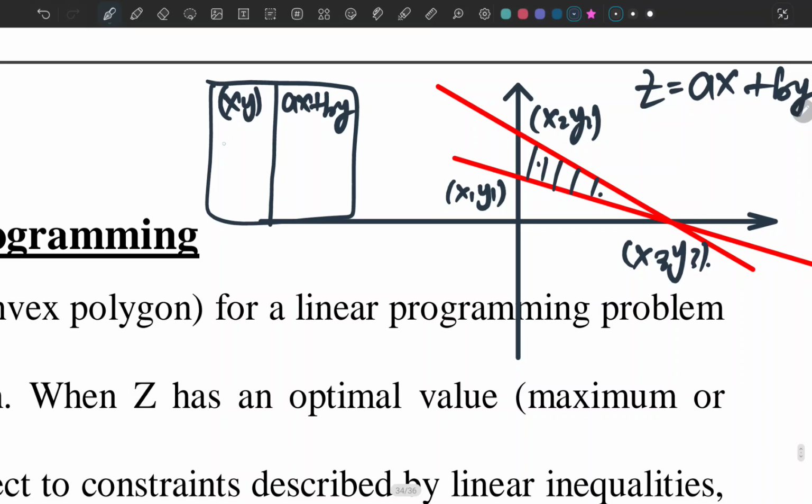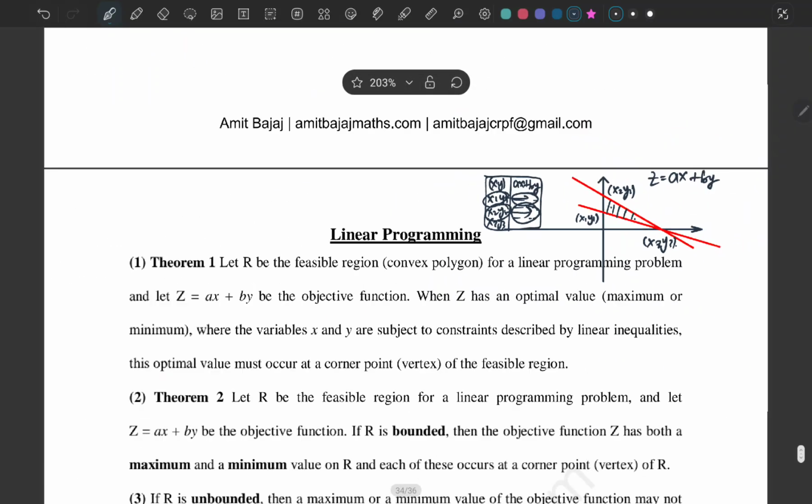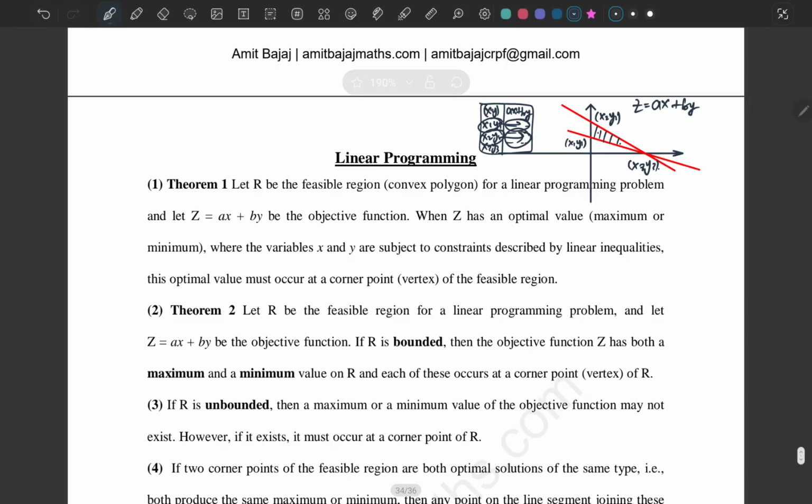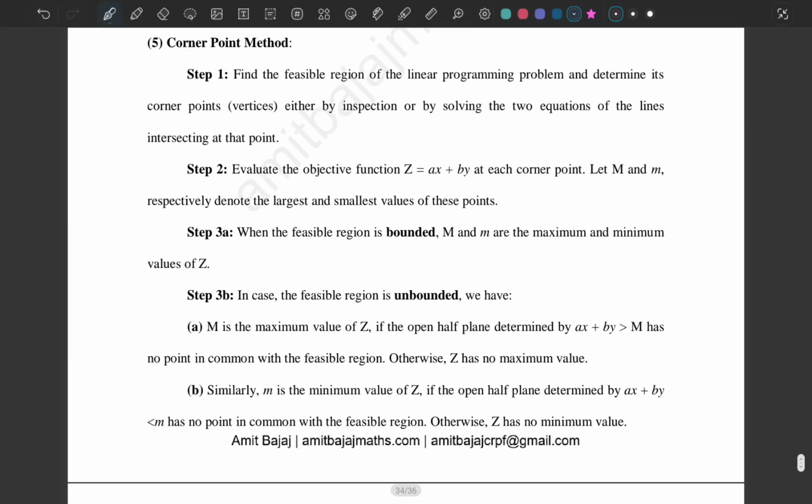So firstly x1 y1, x2 y2, x3 y3, and just replace x and y with the respective values in these terms, and you're going to have some values, and you just have to check on which coordinate this is maximum and which coordinate this is minimum. That's what you have to tell. So this is what this chapter is all about, and other than that, this is nothing, right?